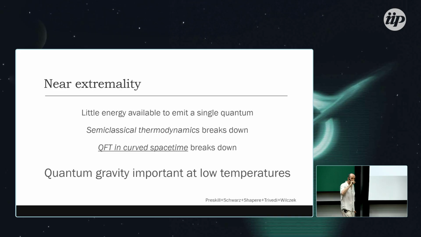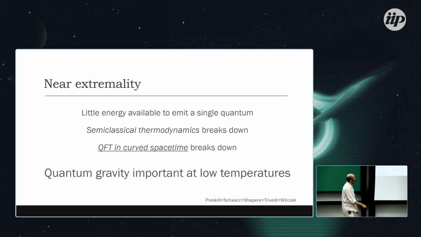Your temperature is so low that you don't have energy to emit a single quantum. So you're in the regime where semiclassical thermodynamics doesn't apply. You don't have large numbers of radiation that would allow you to apply thermodynamics.